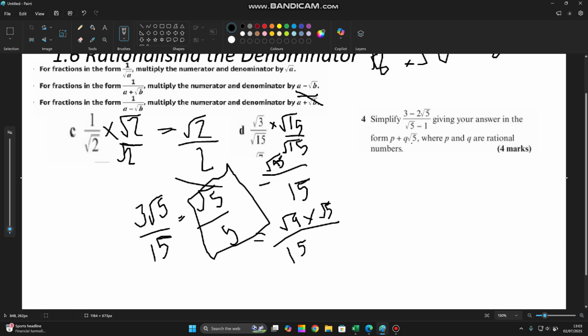Now we've got a more challenging question, 3 minus 2 root 5 over root 5 minus 1. So we're going to use this rule here, multiply the numerator and denominator by a plus root b.